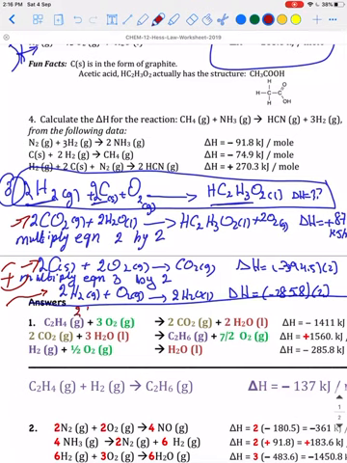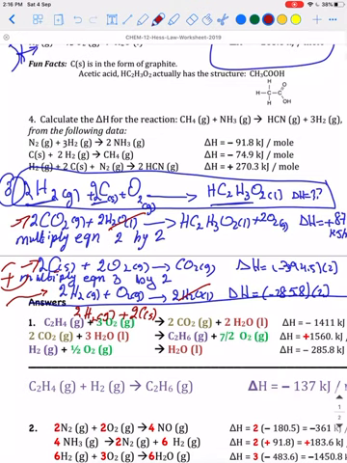So 2 hydrogen, nothing to add or subtract, so I write it as it is. Here we also have 2 carbon, so I write 2 carbon. And here we have 2 H2O in the reactant and 2 H2O in the product. I cancel them.